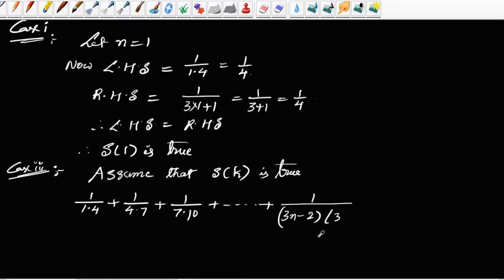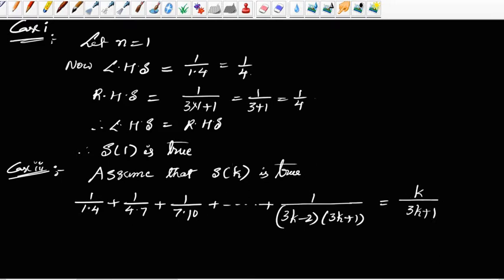Now we write n is equal to k: 1 by 3k minus 2 into 3k plus 1 is equal to the RHS value, k by 3k plus 1.